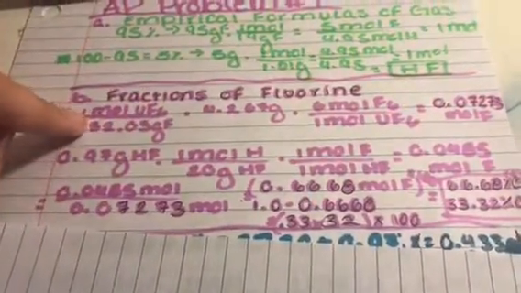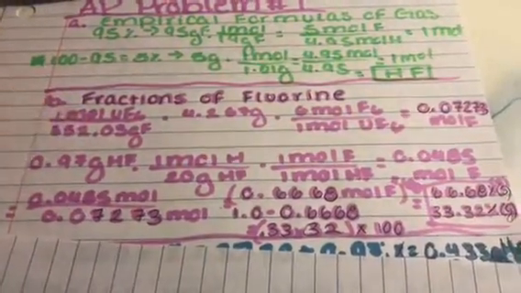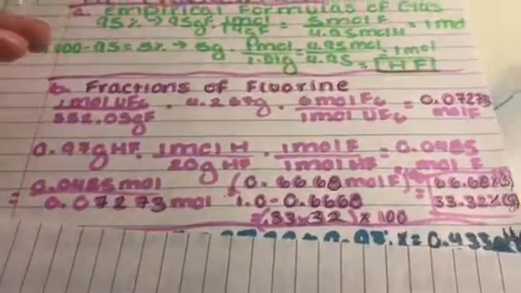This was how much fluorine was in the compound initially before it reacted to form a gas.